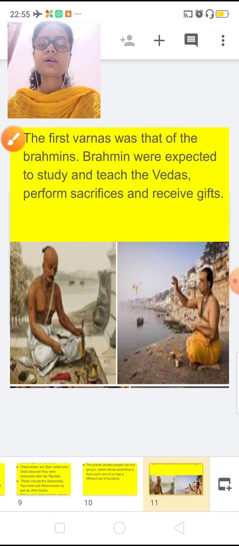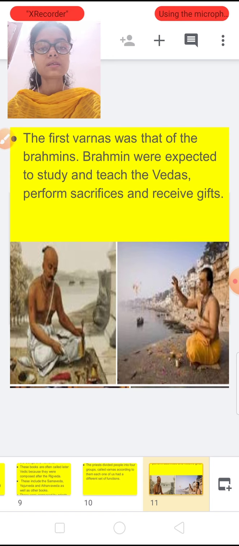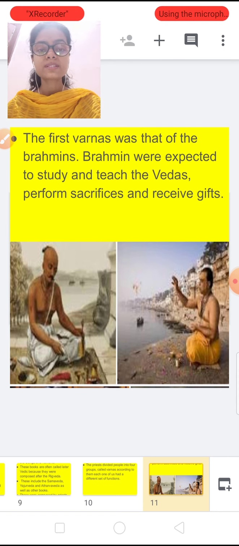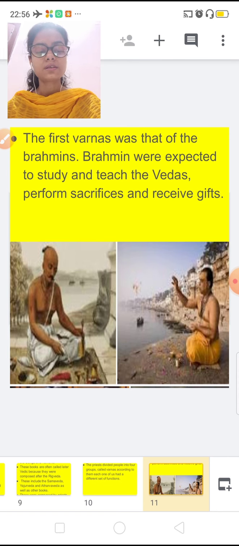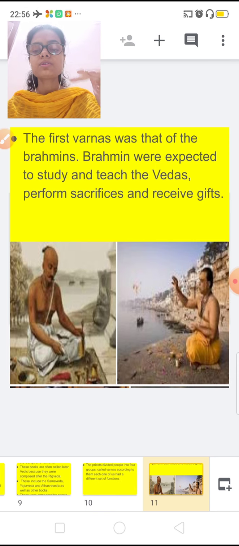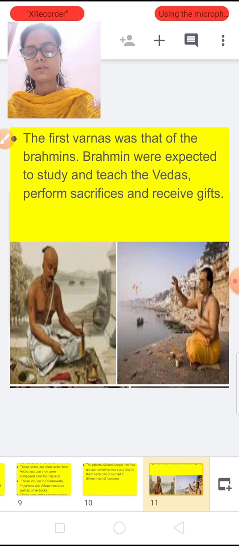The first Varna was of the Brahmins. Brahmins were expected to study and teach the Vedas, perform sacrifices and receive gifts. So who were expected to teach the Vedas? Yes, Brahmins, because they were on the top of that table.